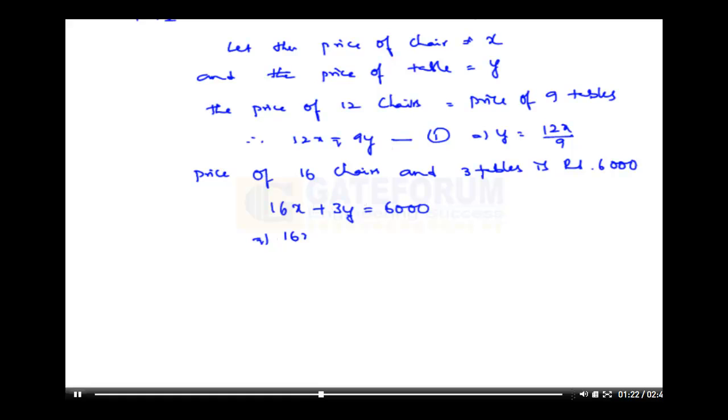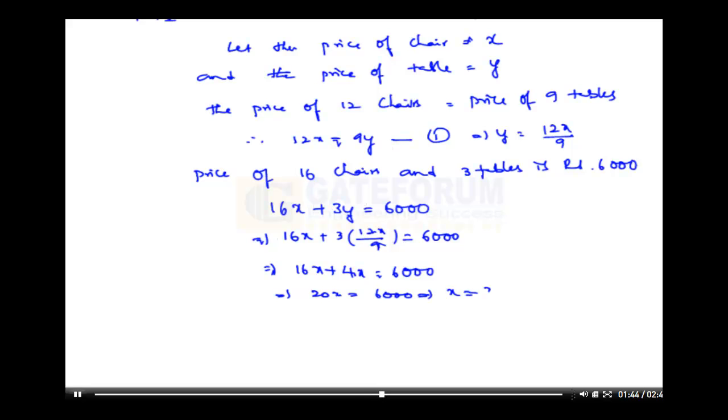So this can be written as 16X plus 3 times 12X by 9 equals 6,000. That is 16X plus 4X equals 6,000, so 20X equals 6,000, and X is 300.